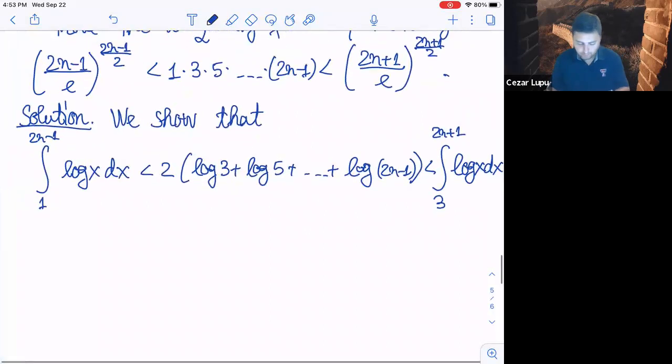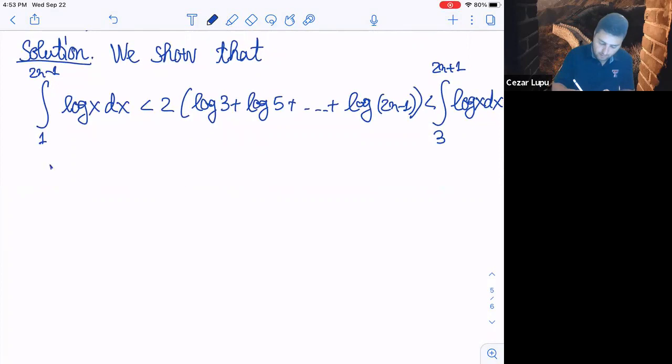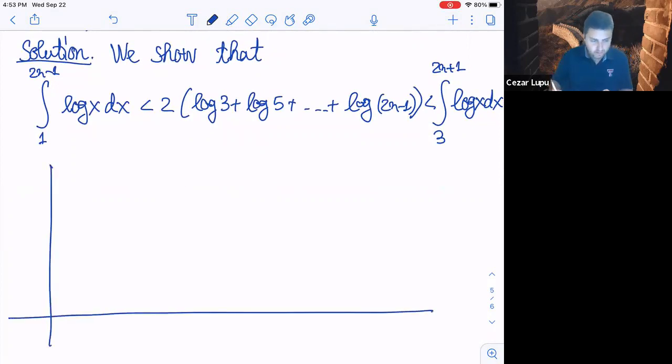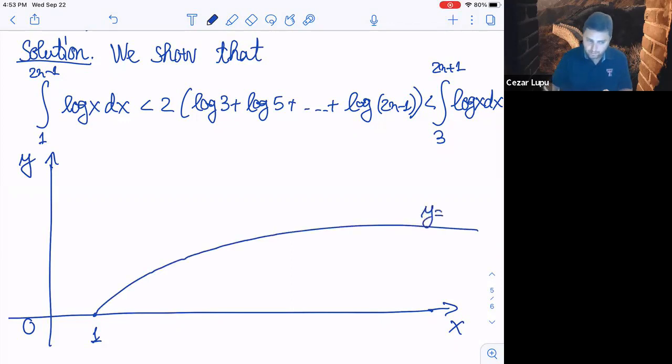If I draw the graph of y equals natural log of x, so here is 1, and I approximate with these rectangles, let's say this is 3, this is 5, this is 7, and so on.